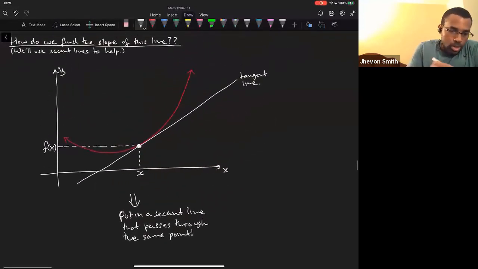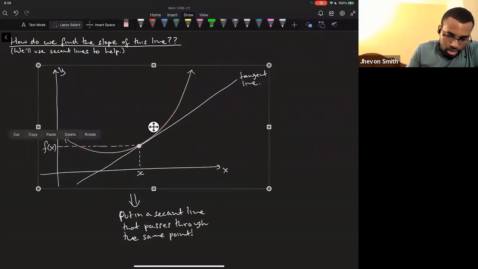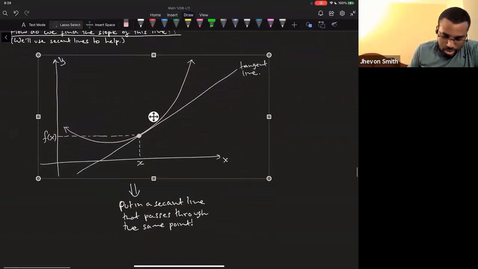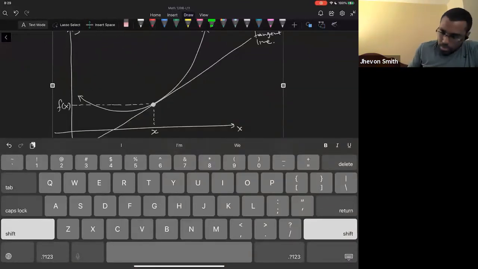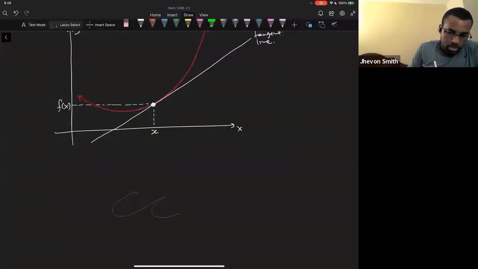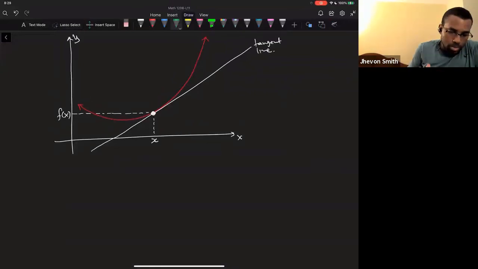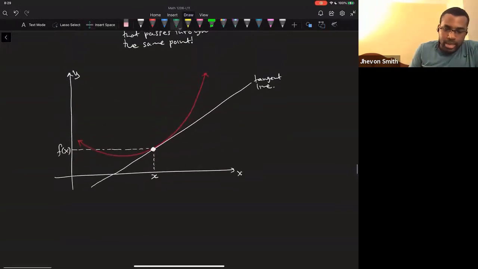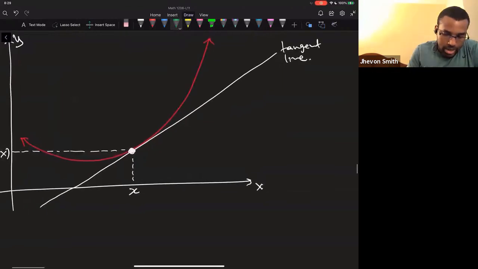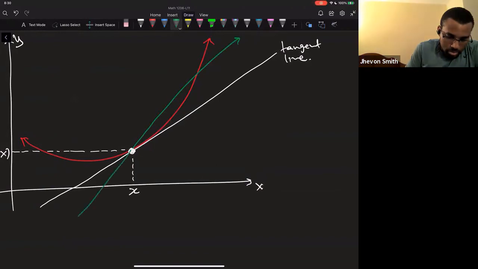You're going to see the benefit of doing this pretty soon, and there's a punchline coming pretty soon. The idea is, I can't really do much with the tangent line here. There's no way I can know what's going on. So what I can do is create another line. I can put in a secant line that passes through that point. So here I throw in my secant line.